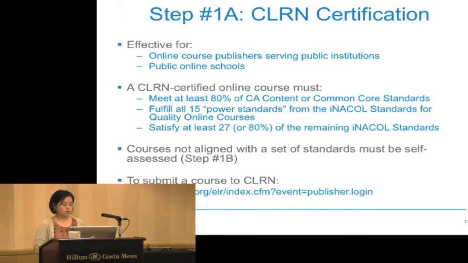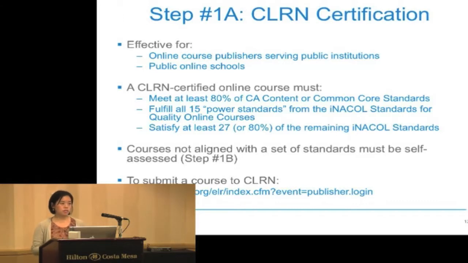Well, an online course will earn CLRN certification by, first of all, meeting at least 80% of California state content standards or Common Core state standards. Second, fulfilling all 15 so-called power standards from the INACOL standards for quality online courses.